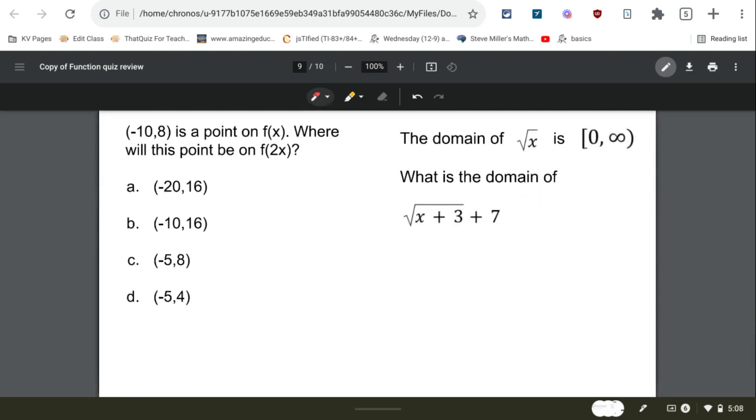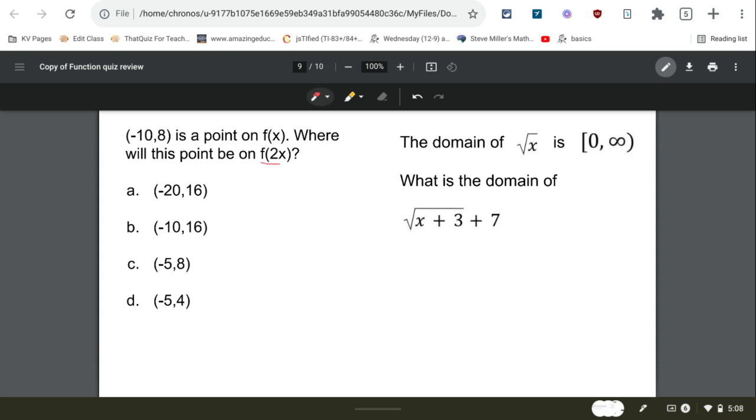All right, -10, 8 is on f of x, and we want to know where this point will be mapped to on this transformation. So this is a horizontal, if you check your notes, this is a horizontal compression, actually, not a stretch. So all the points are going to be compressed in horizontally.